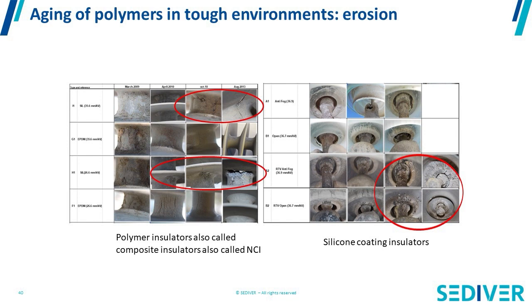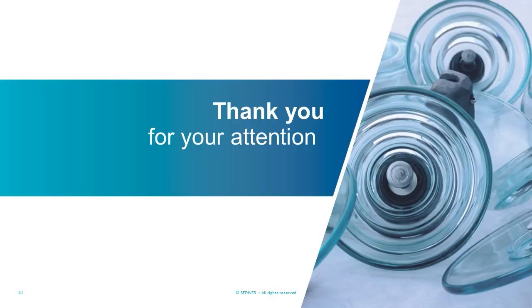So the success we have over the last years with silicone coating is that we bring an alternative for extremely highly polluted conditions to polymers, whose life expectancy is limited by this aging, which we call erosion. This will conclude my presentation.